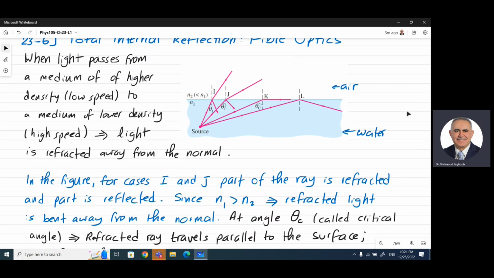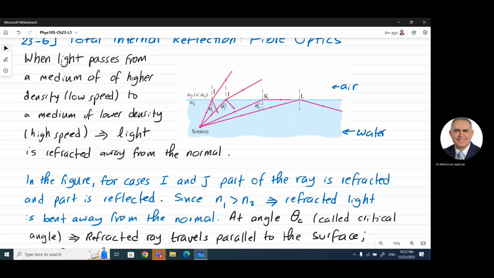Now remember something I said: whenever light is moving in a medium with a higher index of refraction, like water, and it is refracted into another medium with a lower index of refraction, how does the refraction happen? The light ray bends away from the normal.